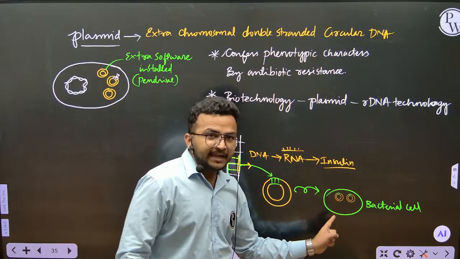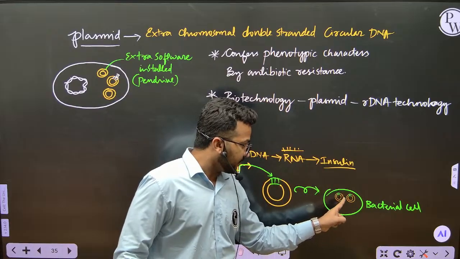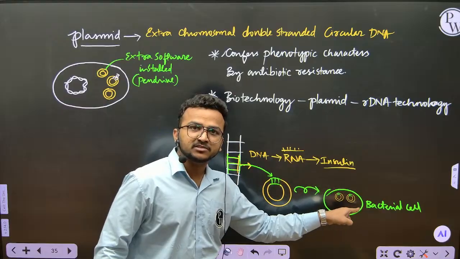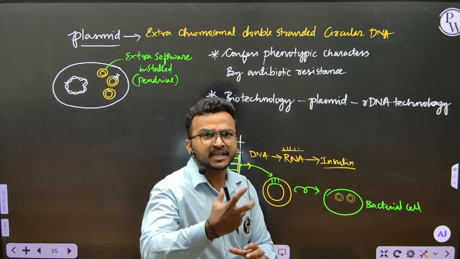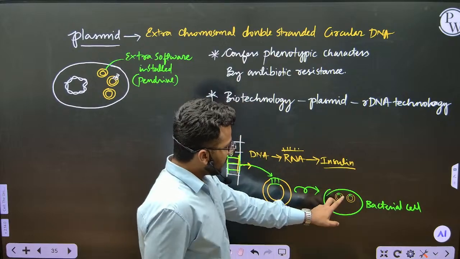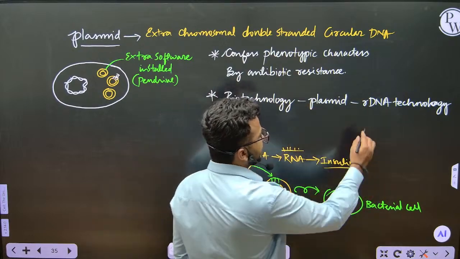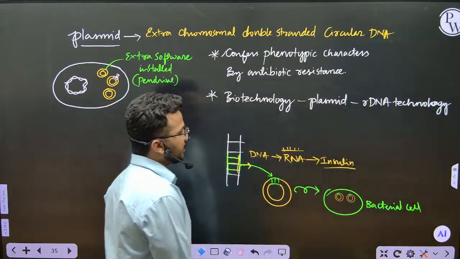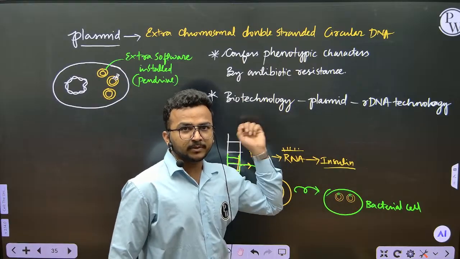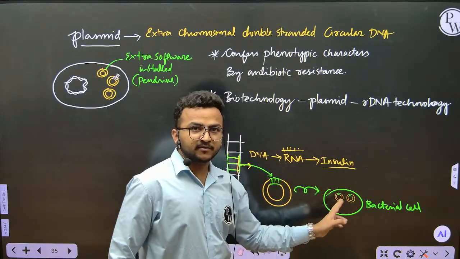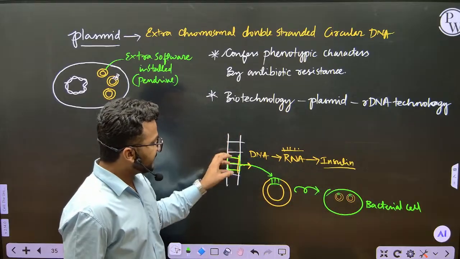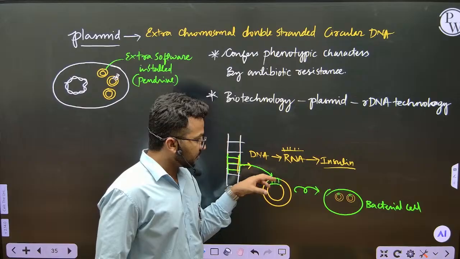So when it is creating the same copy along with this plasmid, I am getting the copy of this insulin gene also. So this is how insulin is produced in huge quantity, and it will be used in rDNA technology here. They will take the desired gene of interest to incorporate in this plasmid.